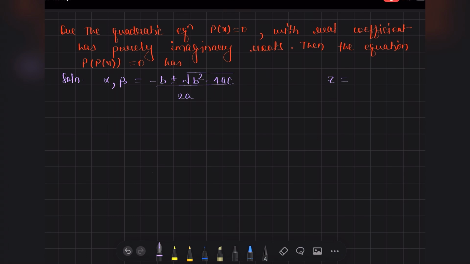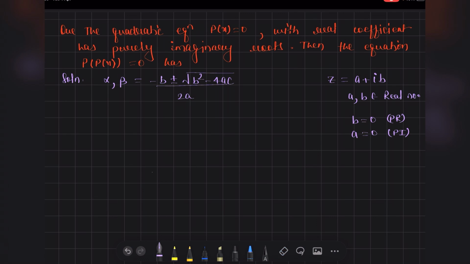Suppose it is a complex number a plus iota b, where a, b belong to real numbers. If you want a purely real number, you have to make sure b is 0. If you want a purely imaginary number, your a should be 0.